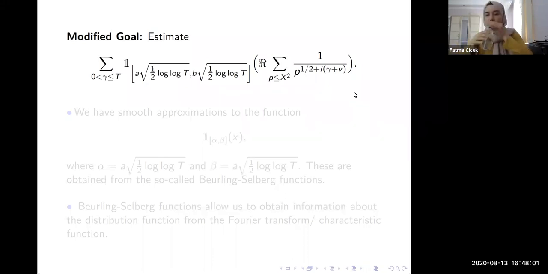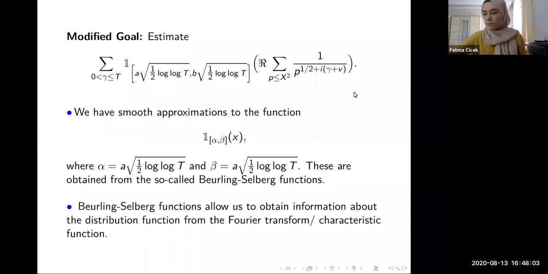So here we had this characteristic function of an interval. Let me say that a times the square root term is alpha, and b times the square root term is beta. We are interested in finding smooth approximations to this characteristic function of the interval.